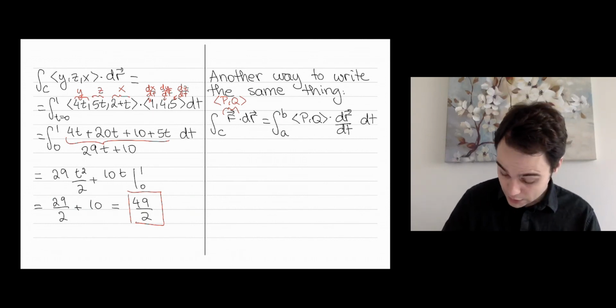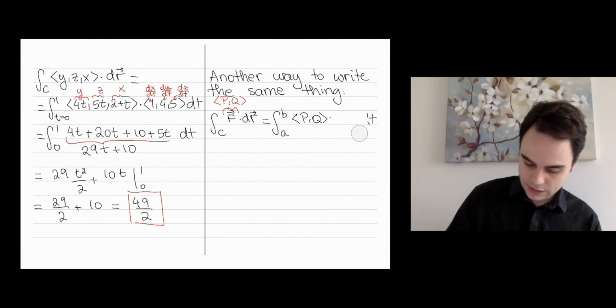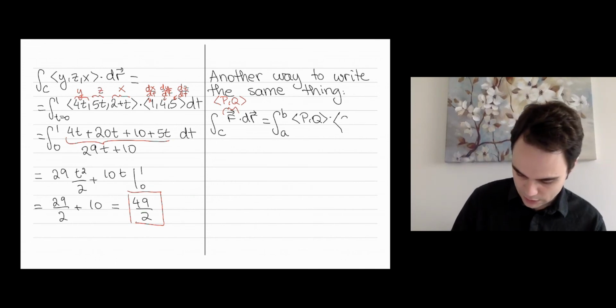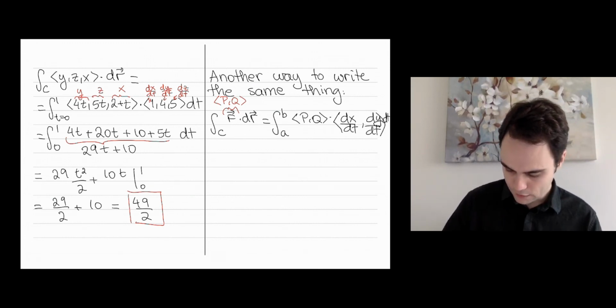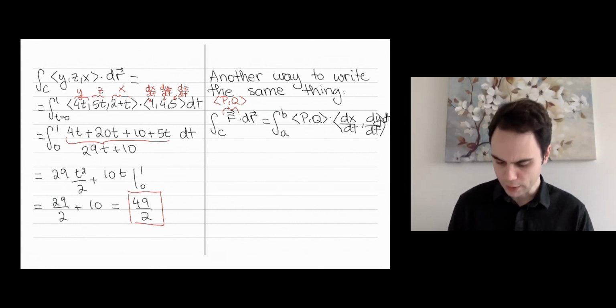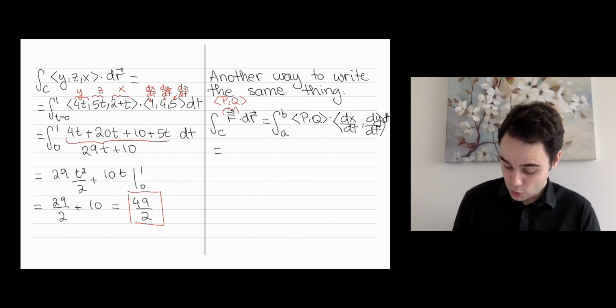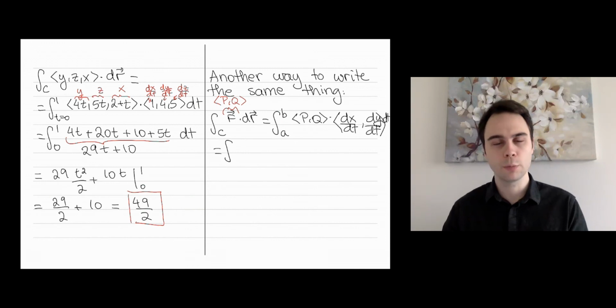Let me expand this even further. dr dt is really dx dt comma dy dt, and then you multiply that by dt. We can work out this dot product in general.